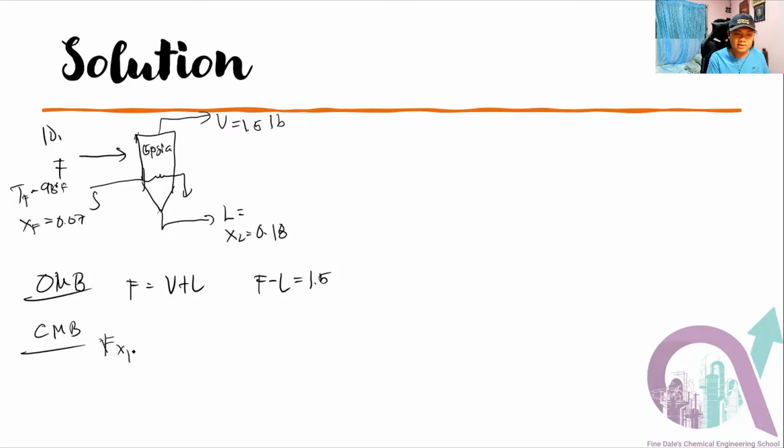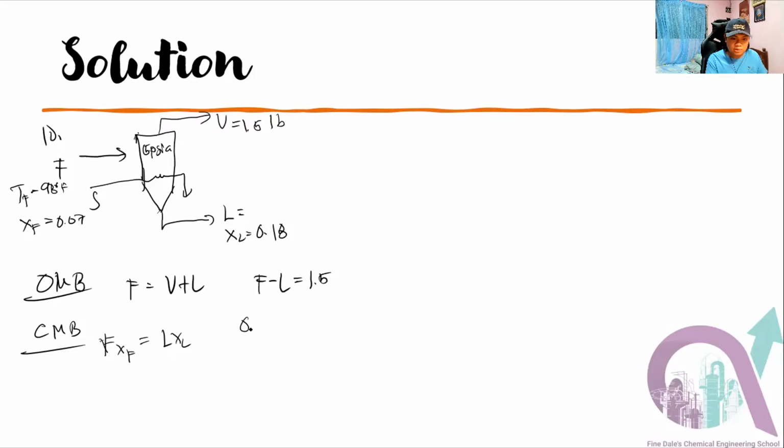F times XF is equal to L times XL. This is the assumption that no entrainment is happening, diba? Entrainment is when the solid goes with the vapor. So we are assuming that no solid is evaporated. That's just water or the solvent.